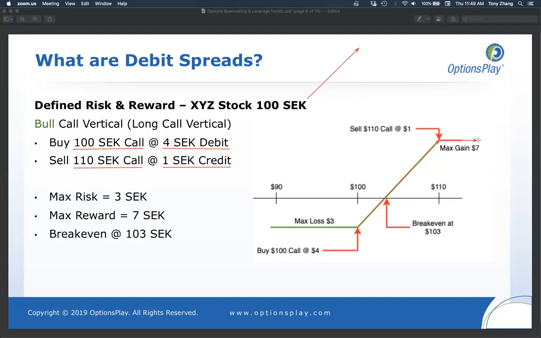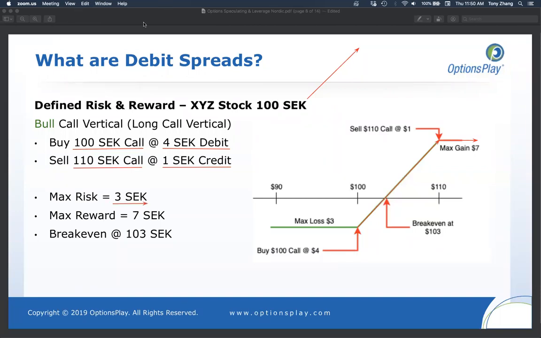I have to pay 4 crowns for that upside. And remember, however much you pay, that's how much the stock needs to move in order for you to be profitable. So by selling that 110 crown call, there's a few things that happen. Number 1, now my total outlay on the trade, instead of being 4 crowns, is now only 3 crowns.